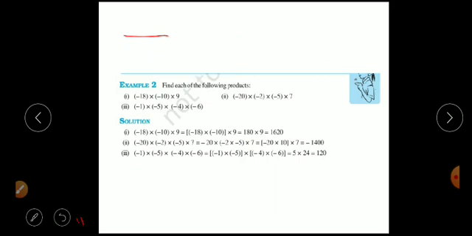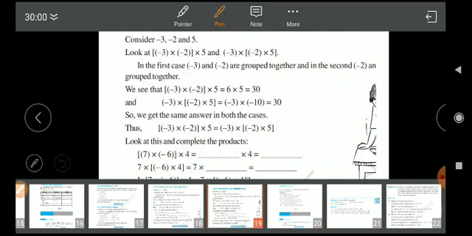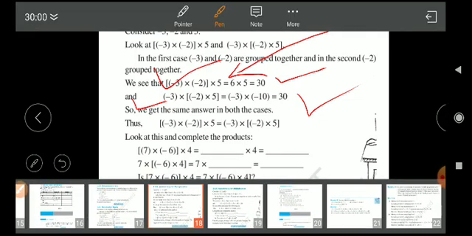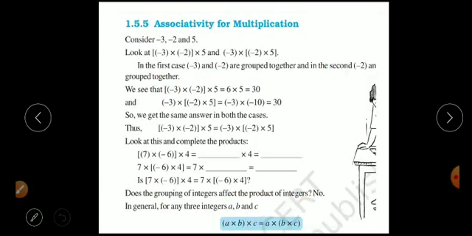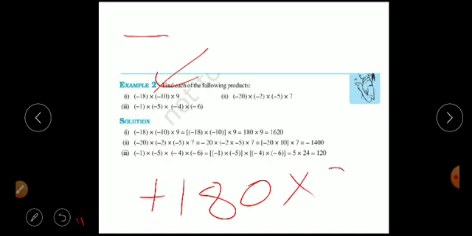Okay, so what is the product of minus 18 into minus 10 into minus 9? First, minus 18 into minus 10, what is it? It will become 180 with a positive sign, into 9.